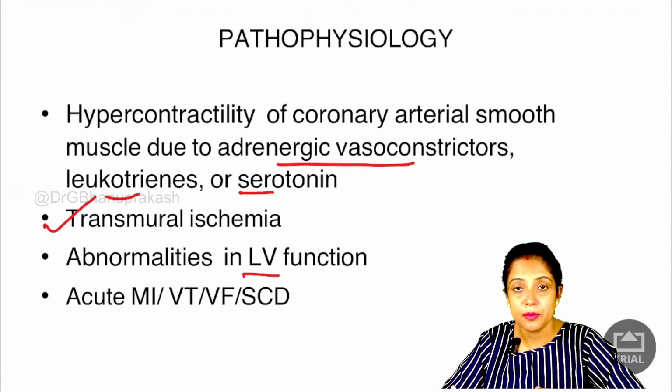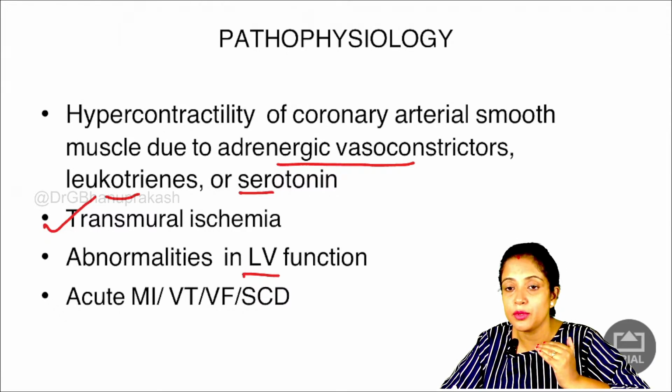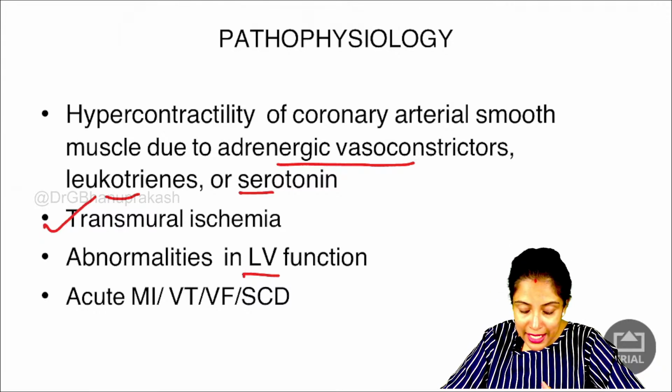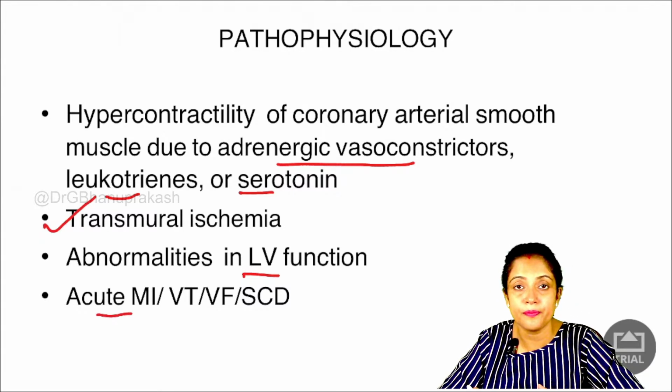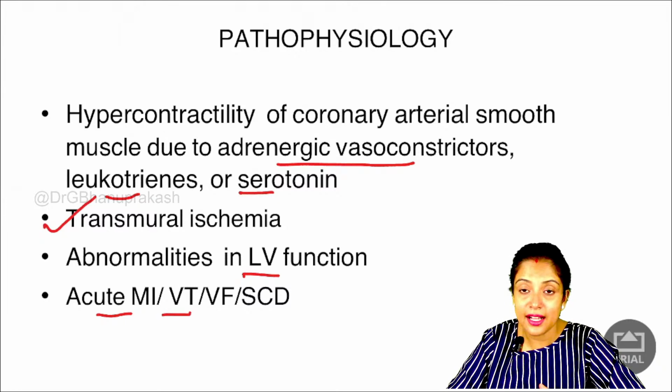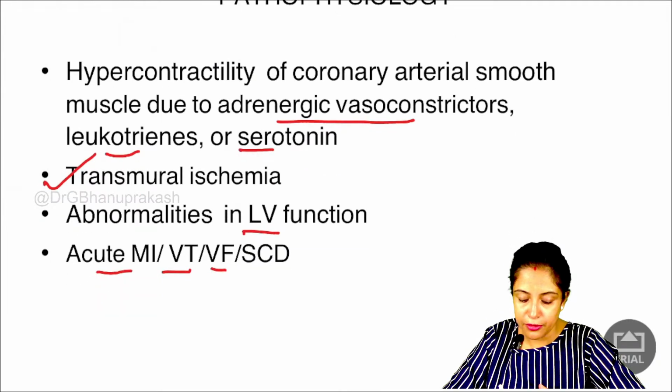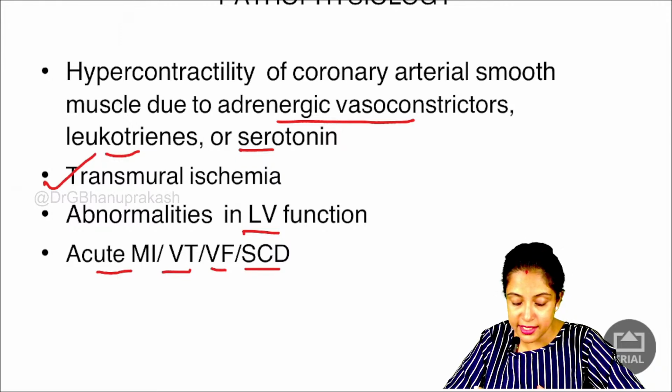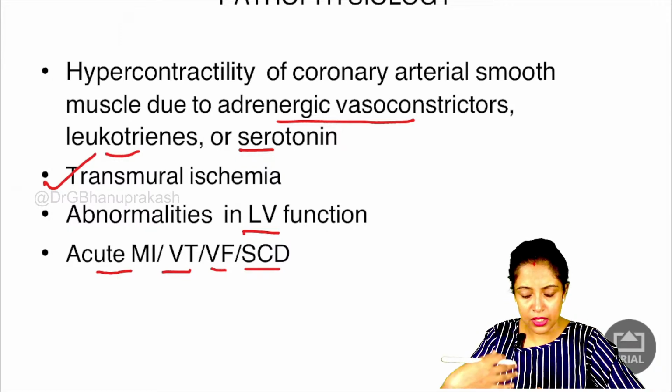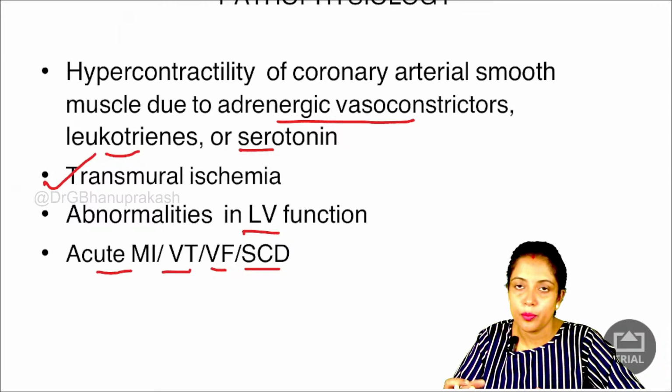Sometimes the Prinzmetal angina may be so severe that it may lead to acute myocardial infarction, ventricular tachycardia, ventricular fibrillation, or sudden cardiac death. So it can have varied presentation.